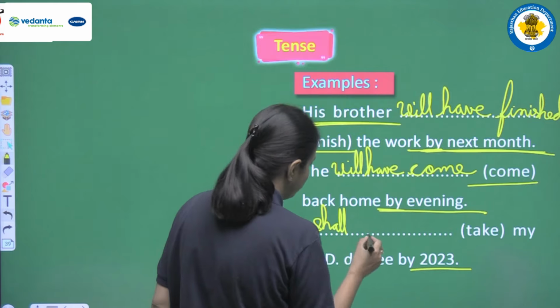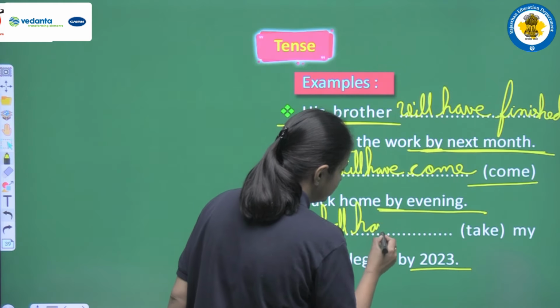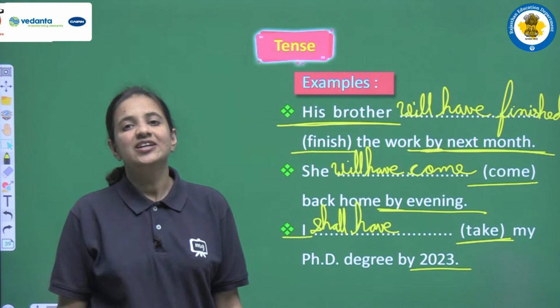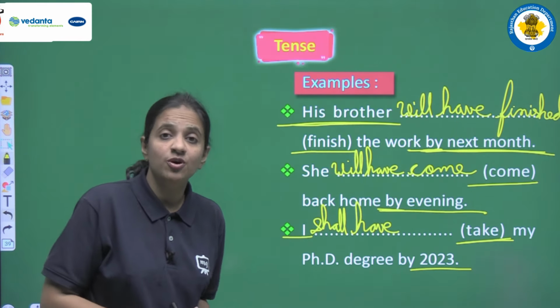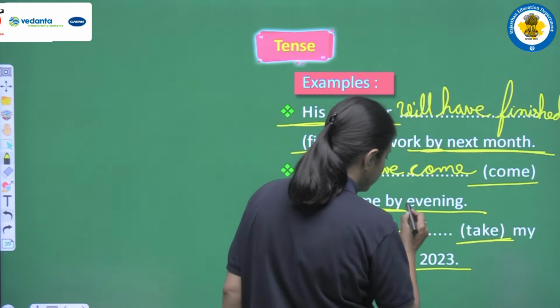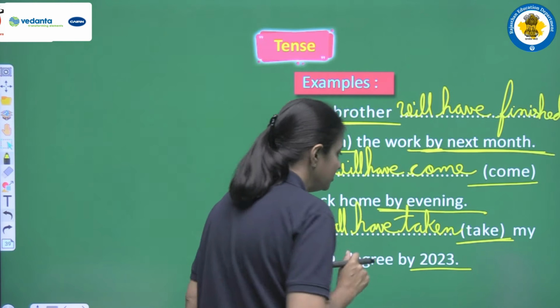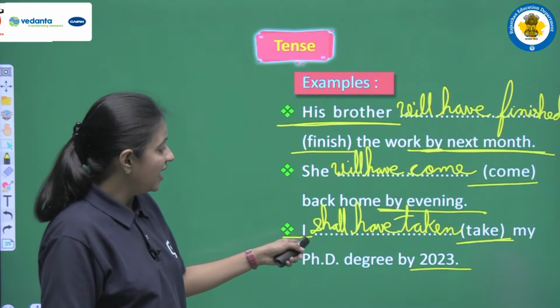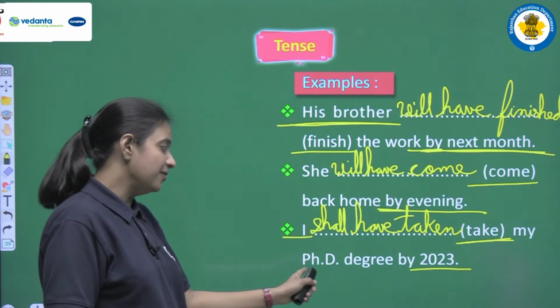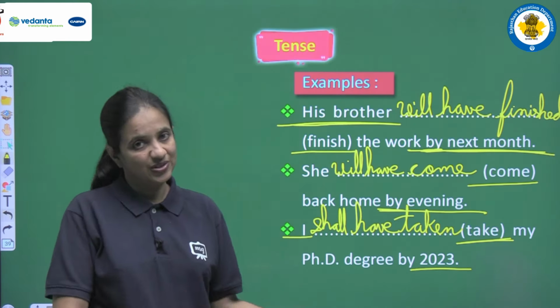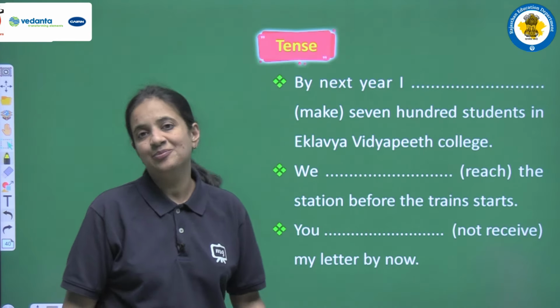So first of all we will write shall have here. And as a main verb we are having take. We all know that we have to use the third form of take, and the third form of take is taken. So we will write taken here, and the sentence will be: I shall have taken my PhD degree by 2023. Okay.